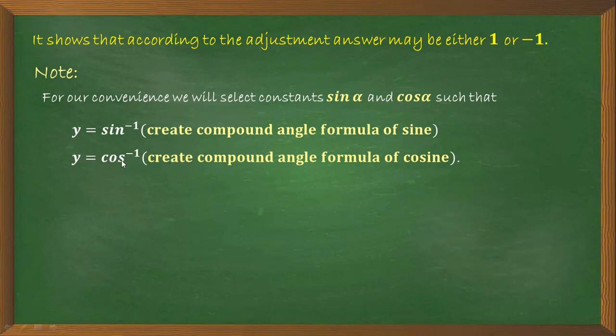If it is a cos inverse function, then try to create the compound angle formula of cosine. Otherwise also you will get the answer, no problem. But for simple adjustment, we have to keep in mind that the sin alpha and cos alpha that we select as constants should give the compound angle formula of sine ratio or cosine ratio.